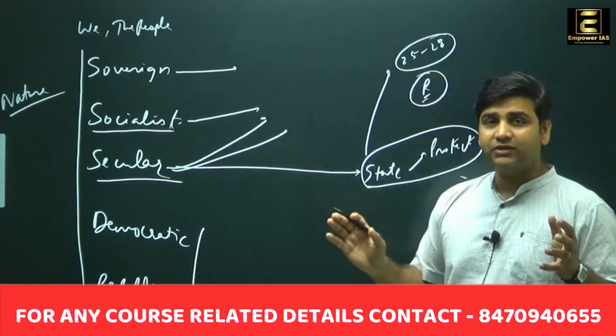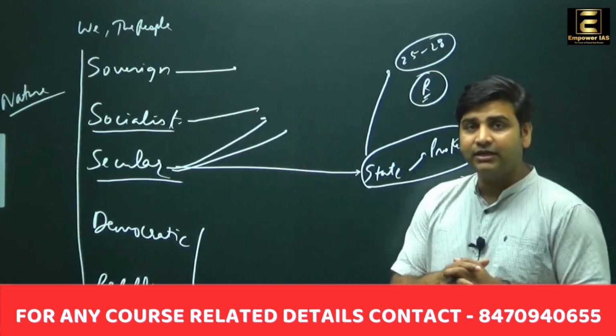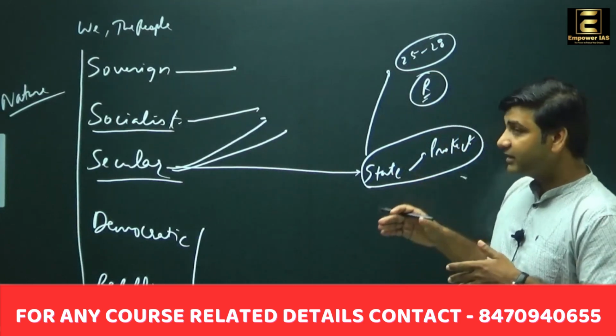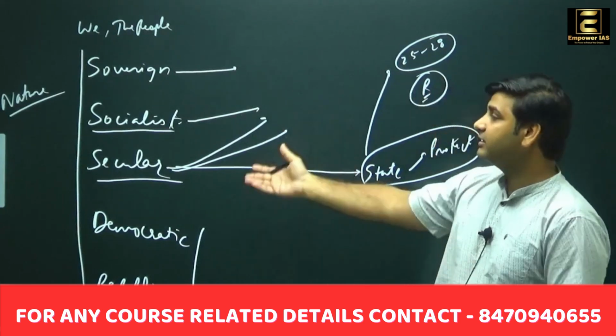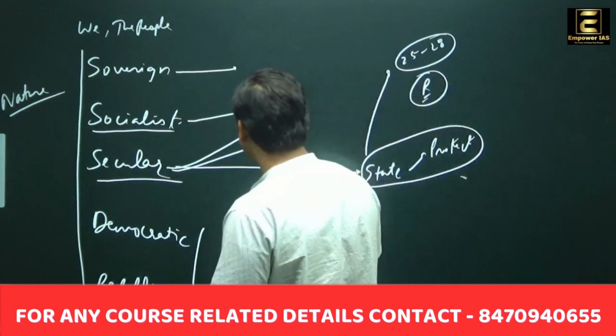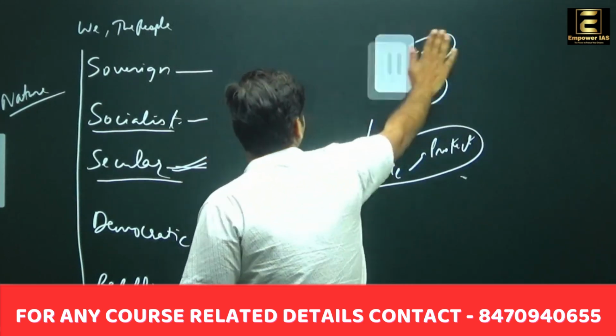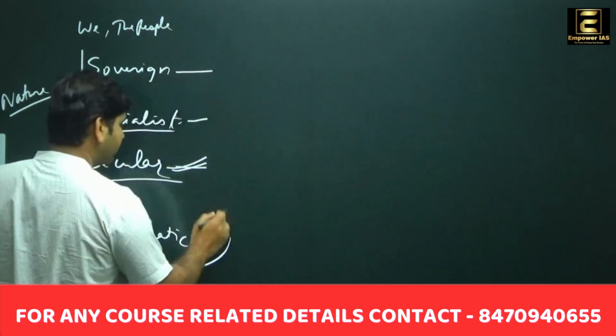Whatever way of life they want to have, they can have. That freedom has been given to the people of India under the fundamental rights. And how is it reflected in the preamble? Through the word secular.